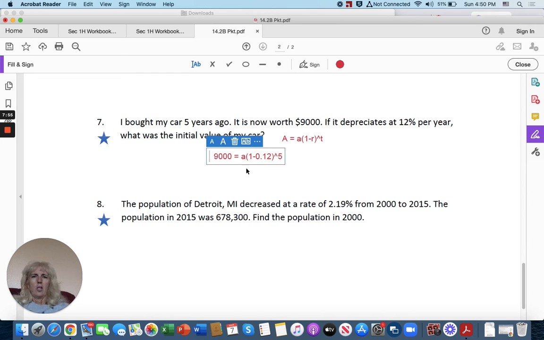Okay. So I'm going to go ahead and do all of this part here. So my next step would be 9,000 equals A times, and I'm going to get my handy dandy calculator, and I'm going to say 1 minus 0.12, that's 0.88, raised to the 5, and that's a big old long decimal.